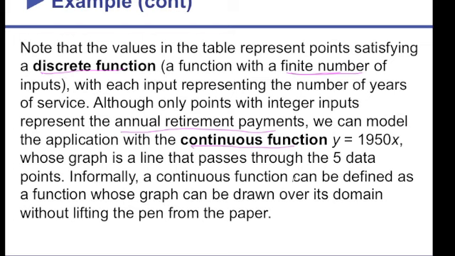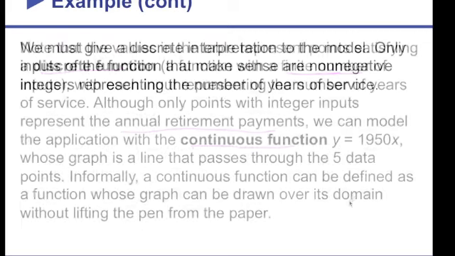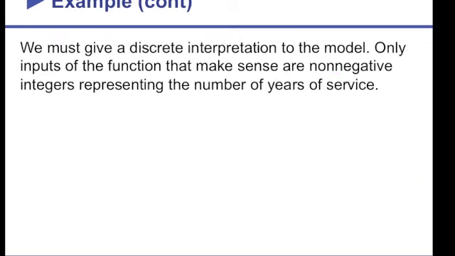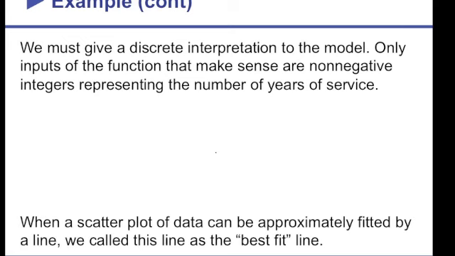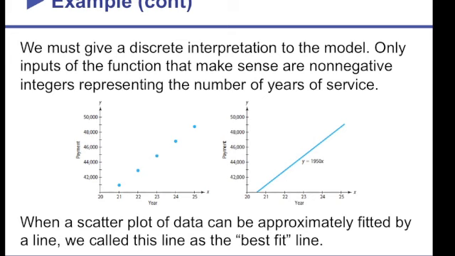Informally, a continuous function can be defined as a function whose graph can be drawn over its domain without lifting the pencil from the paper. That's continuous. Make the discrete interpretation to the model: the only inputs of the function that make sense are non-negative integers representing the years of service. Here's the scatter plot, just the dots.